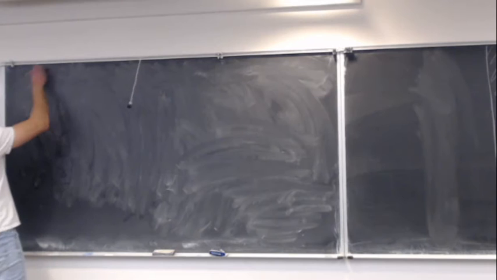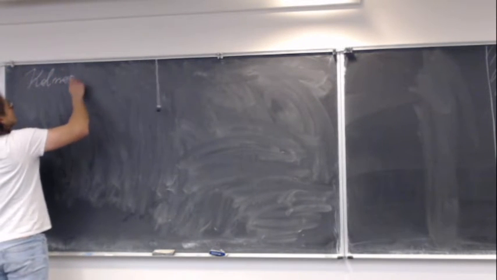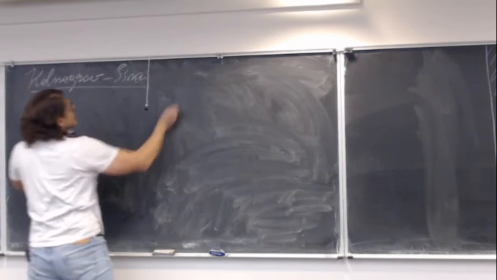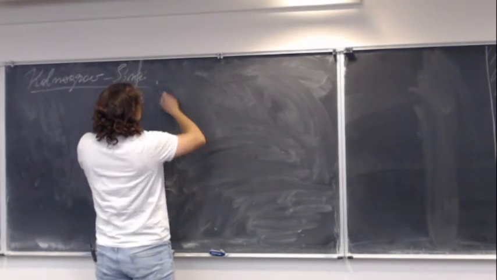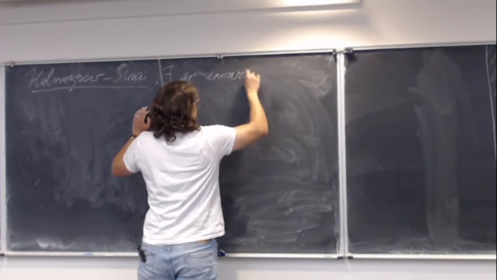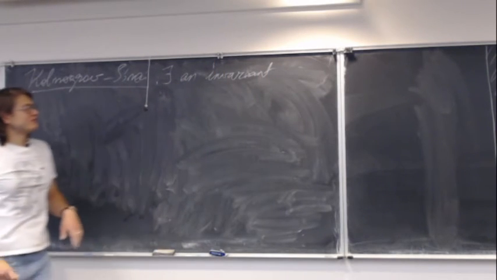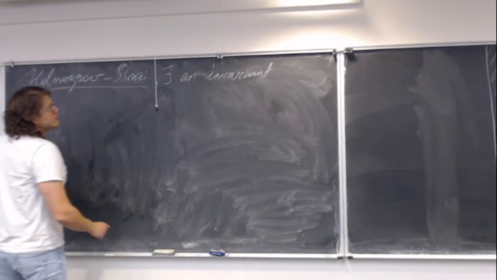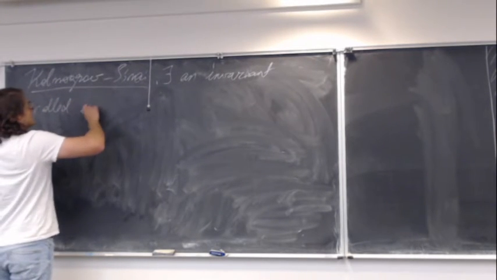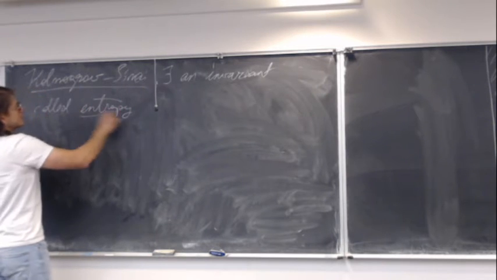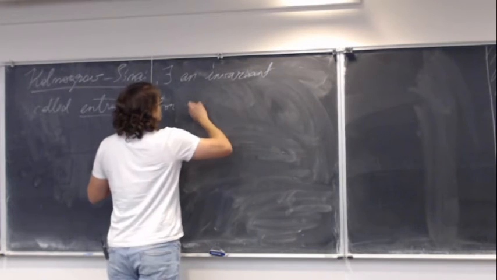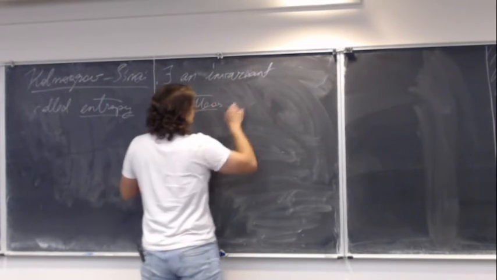Kolmogorov, and I guess it's also good to say Sinai, realized there is an invariant, and this is pretty much the only invariant actually, called entropy, for measure theoretical isomorphism.